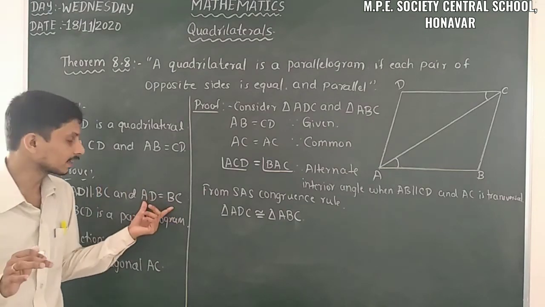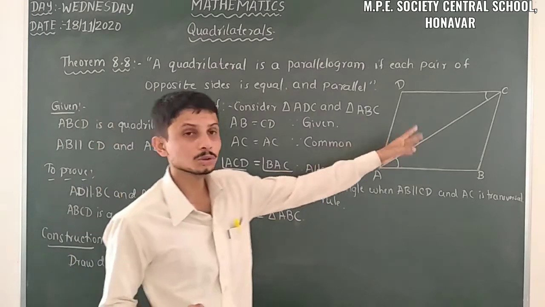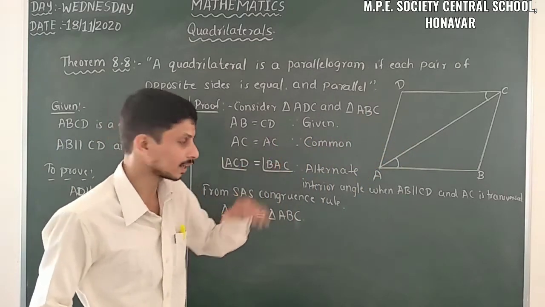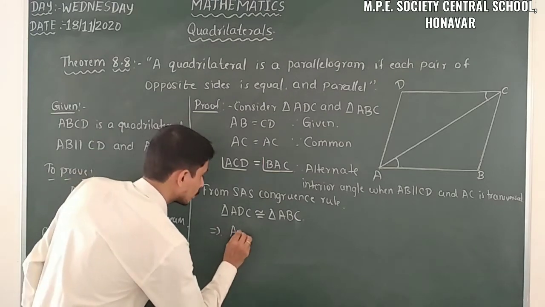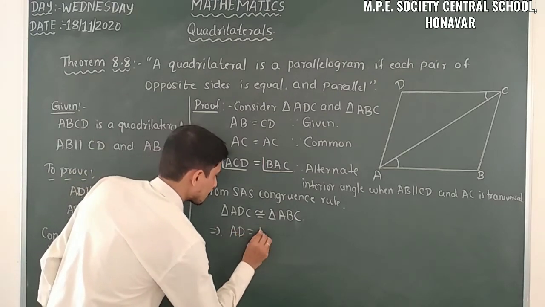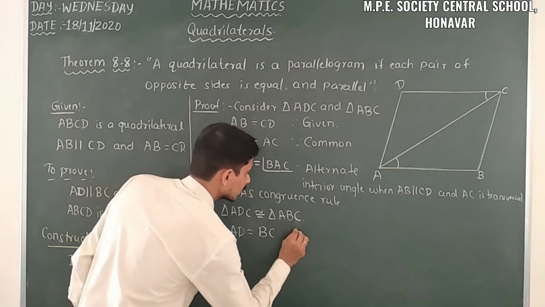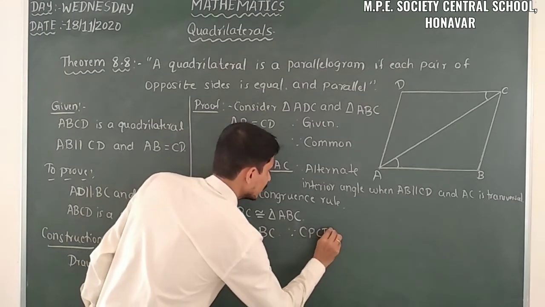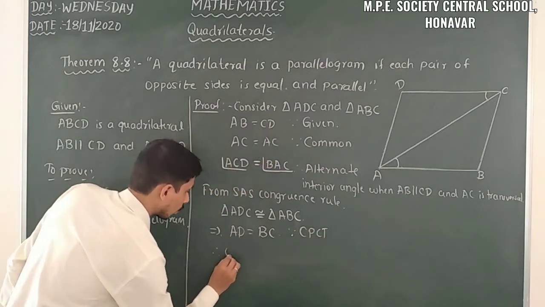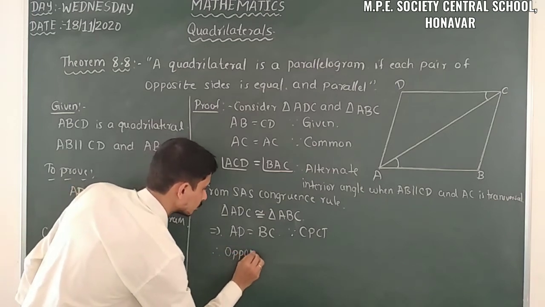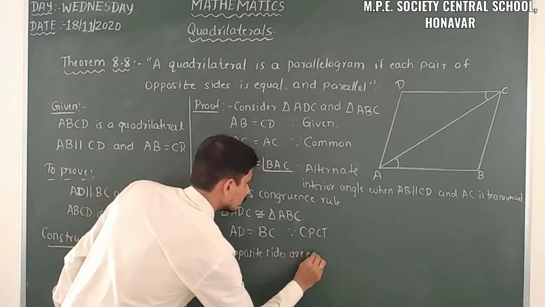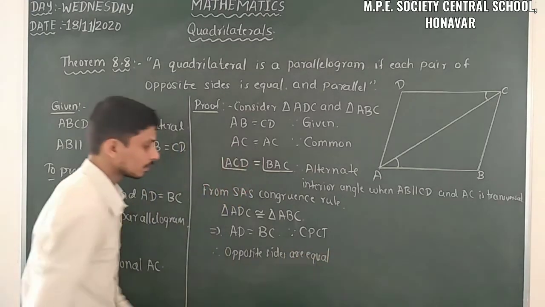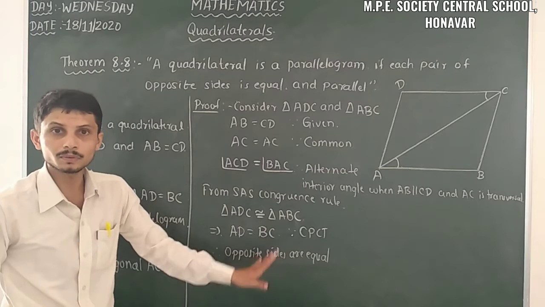We can directly take AD equal to BC because those are corresponding parts of congruent triangles. So this implies AD is equal to BC, because by CPCT opposite sides are equal. So one pair of opposite sides is equal, we found.